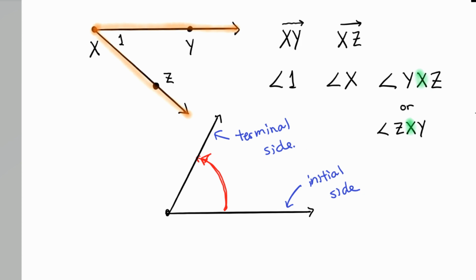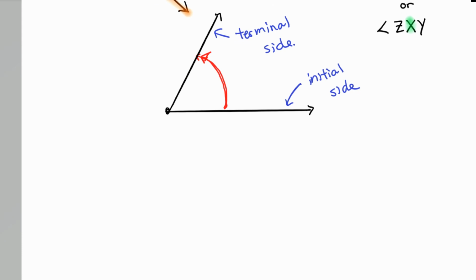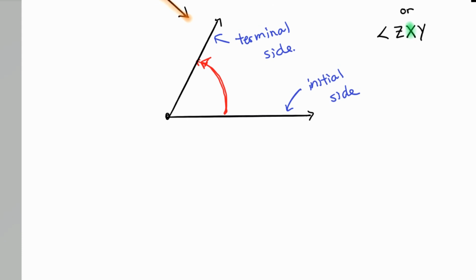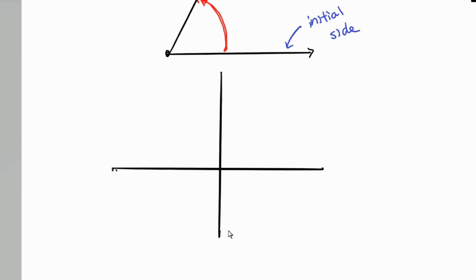Okay. Now, for a lot of the angles that we talk about in this class, we're going to be talking about them being in what's called standard position. All right, so standard position is you are taking the regular XY plane like this, and you are going to fix one side of the angle along the x-axis.